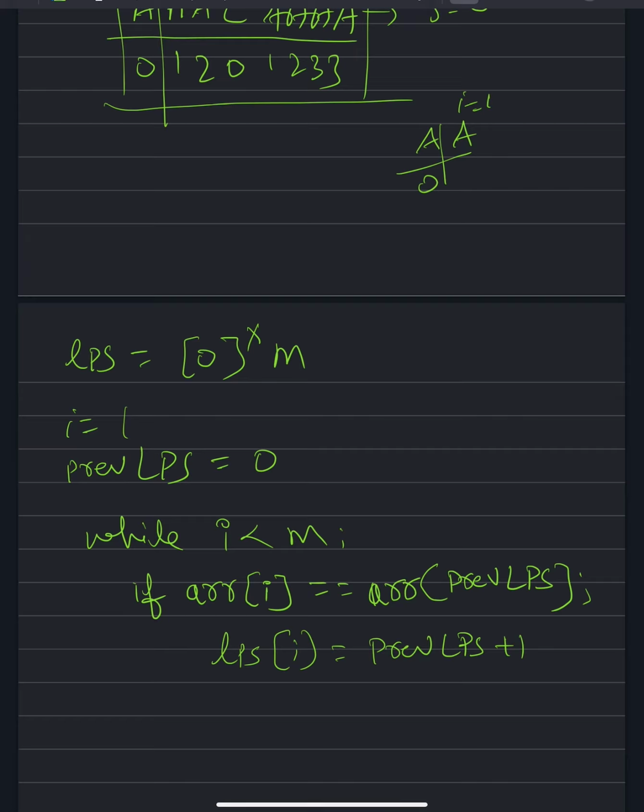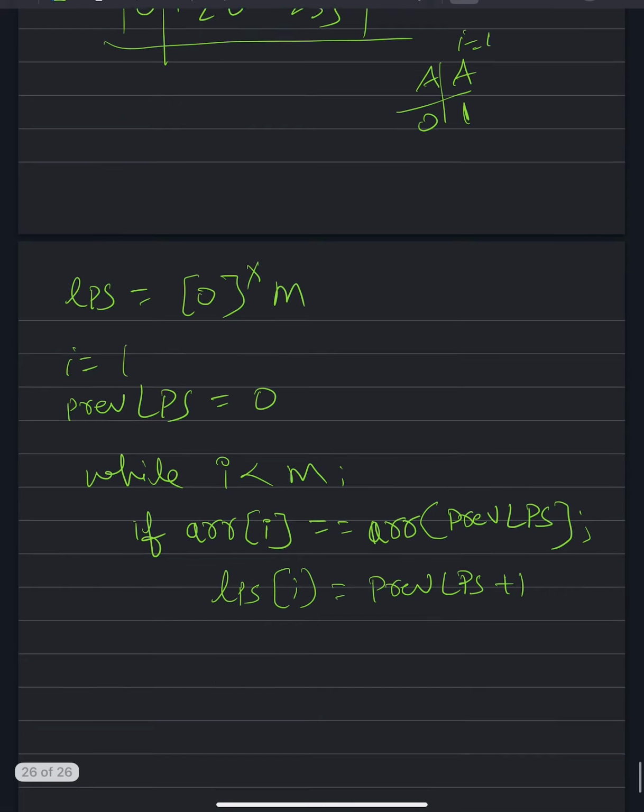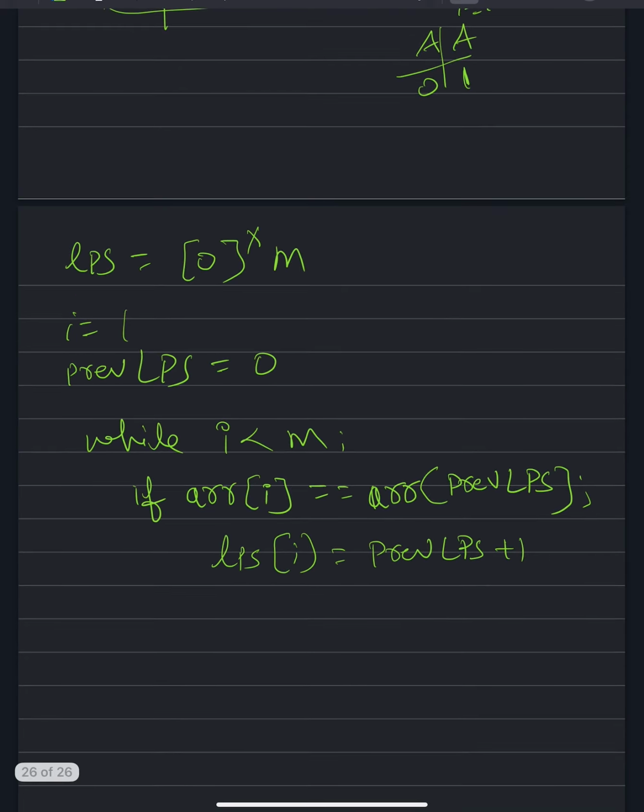That's why the LPS for this will be previous LPS +1, that is 1. Since we have increased the size of the LPS, let's increase it here also and move to the new index.